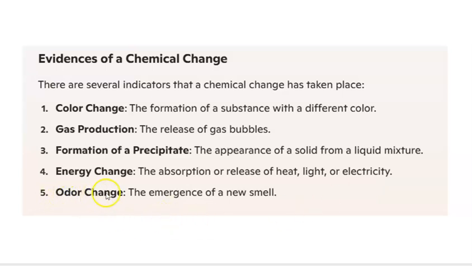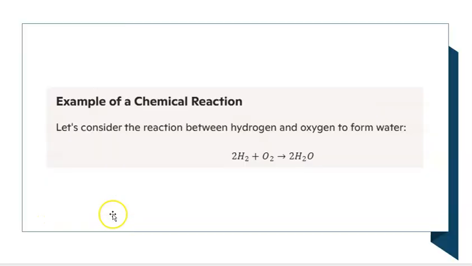The odor change also is a sign of chemical reaction.